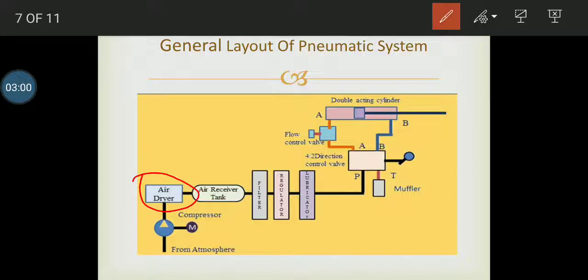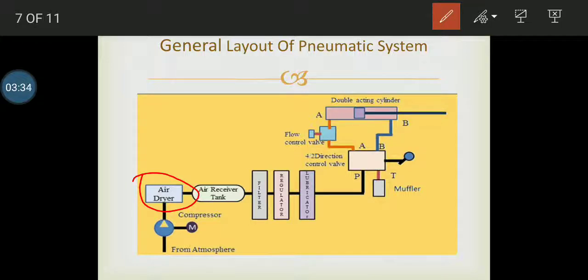The atmospheric air contains some humidity, and once that humidity comes into contact with the other components of the pneumatic system, it corrodes the inner side of the components. To prevent that, we need to remove the humidity from the air, so we use an air dryer, which removes the humidity and provides clean and pure air.